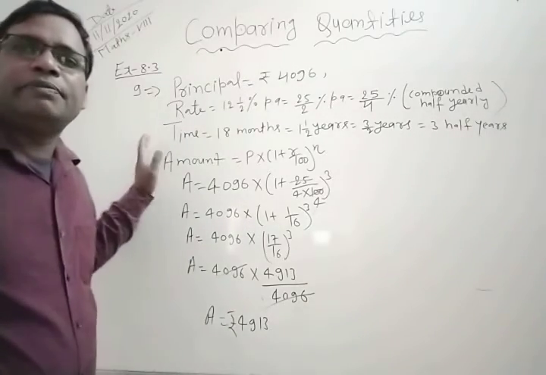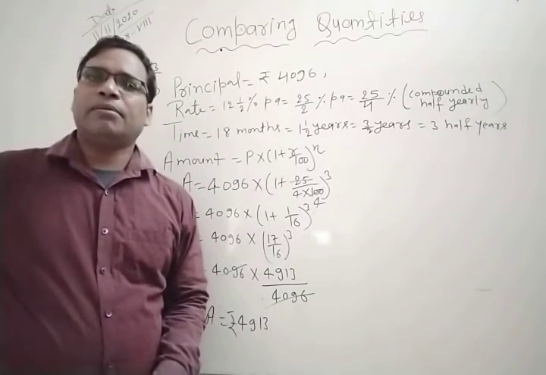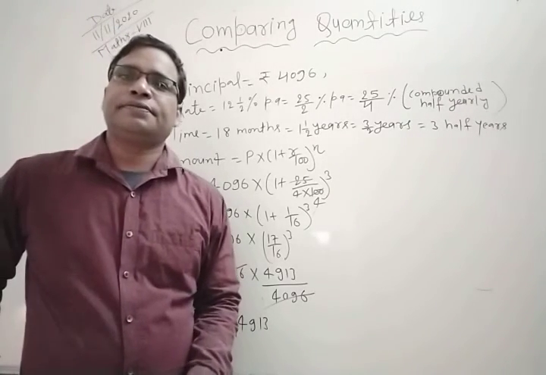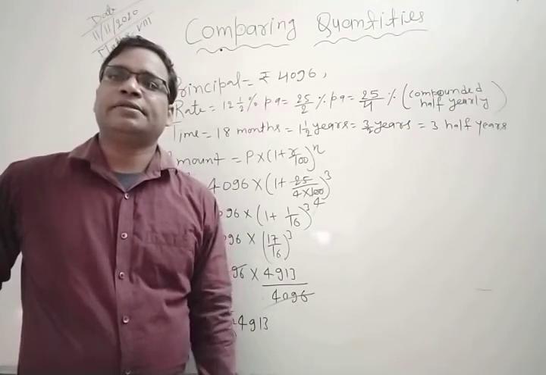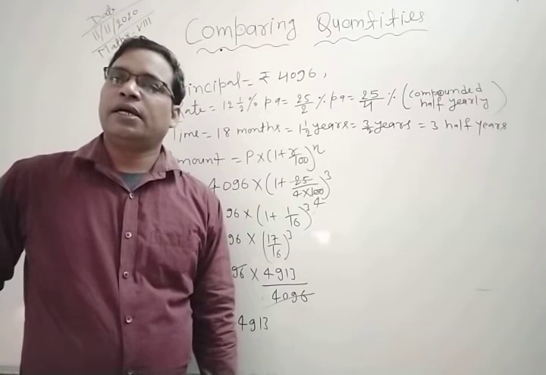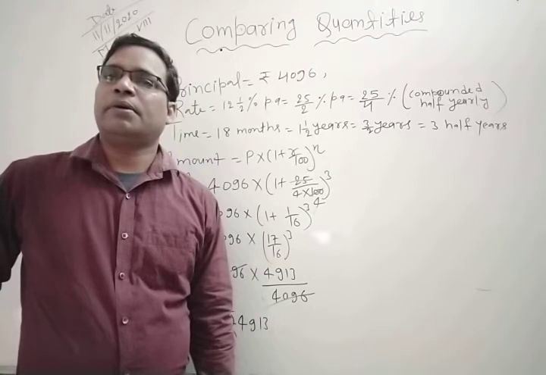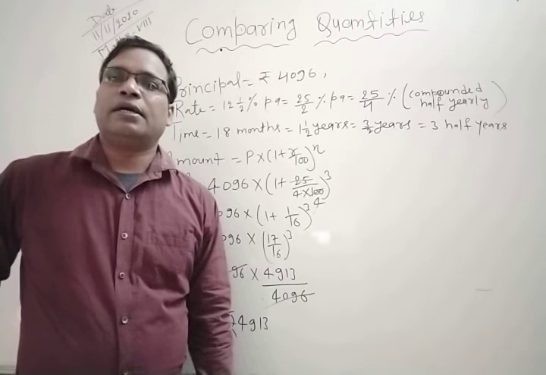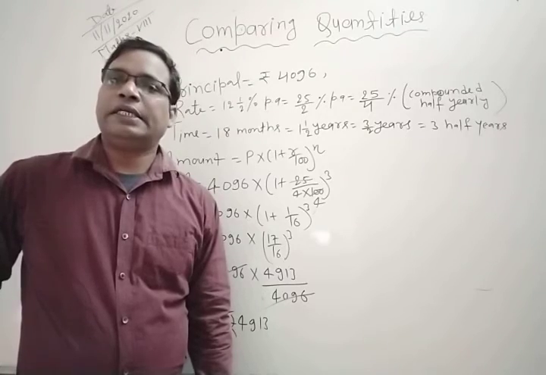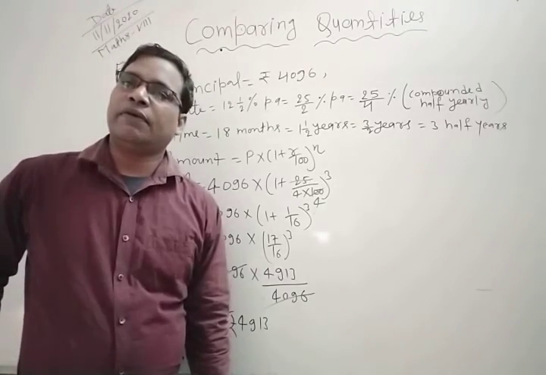I repeat the question. Find the amount which Ram will get on 4096 if he gave it for 18 months at 12.5% per annum, interest being compounded half yearly.